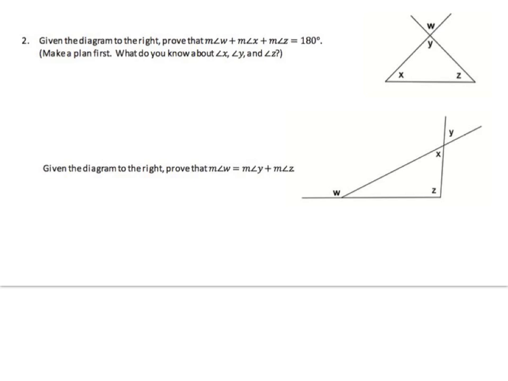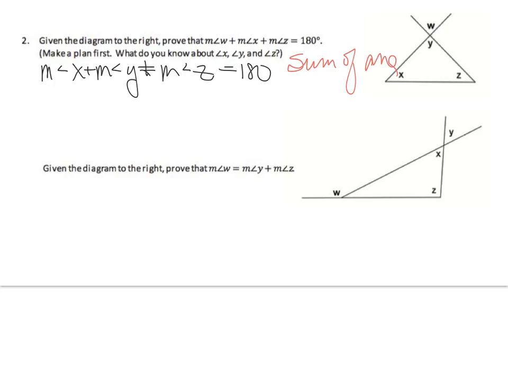So we know that the measure of angle X plus the measure of angle Y plus the measure of angle Z equals 180 degrees. I'm going to write my reasons here. Sum of angles in a triangle equals 180 degrees.